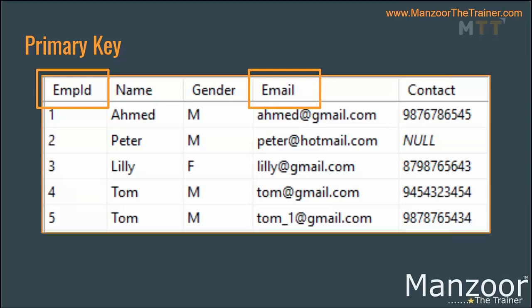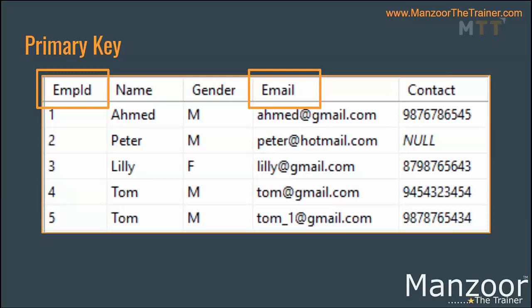But what about email then? Email is also something that is unique, right? So I cannot make email a primary key, but I can make email a unique key. I can have multiple unique keys on my table. If you make a unique key or you do not make one, it does not matter.